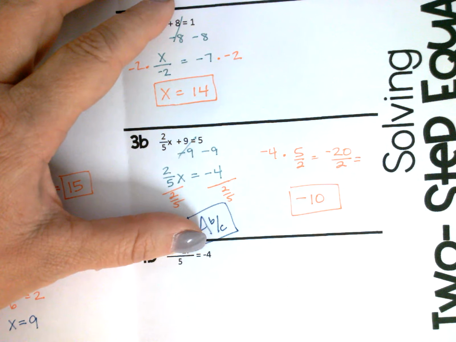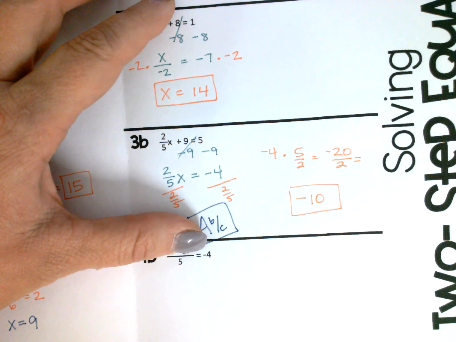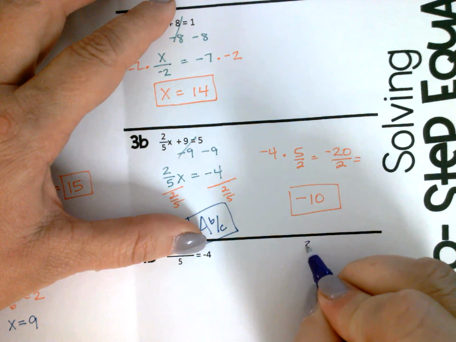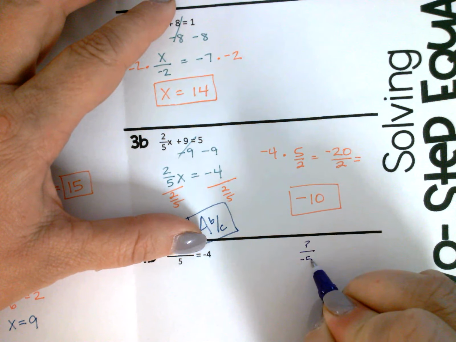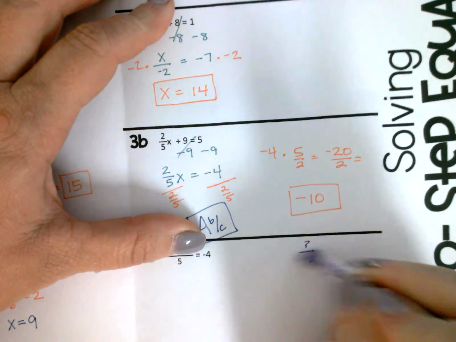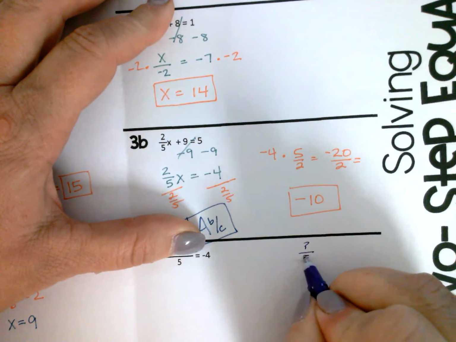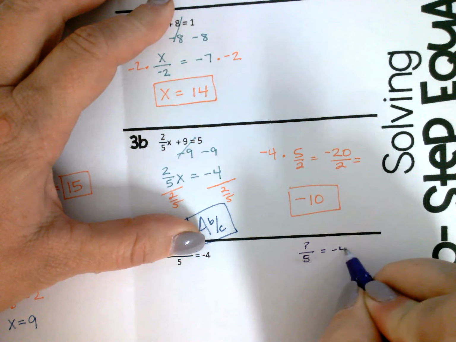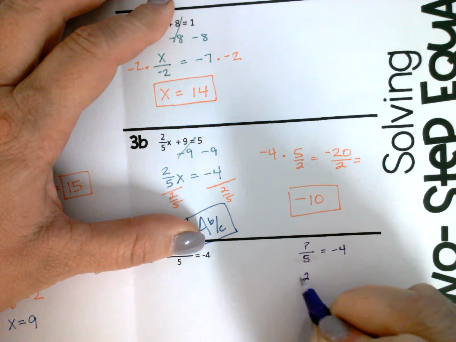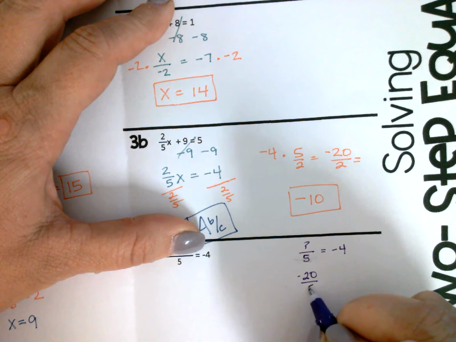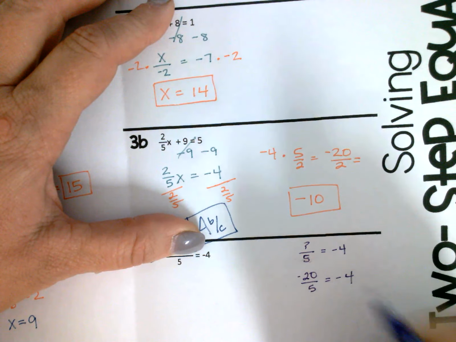So think about that a minute. What number divided by 5 equals negative 4? Oh, negative 20 divided by 5 equals negative 4.